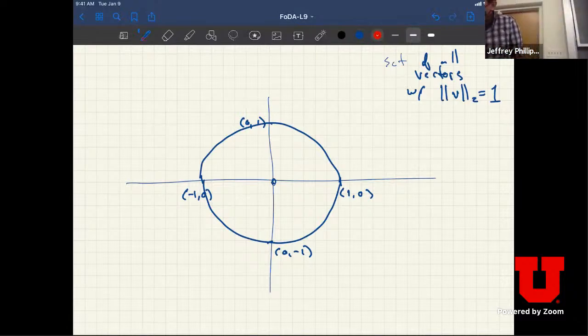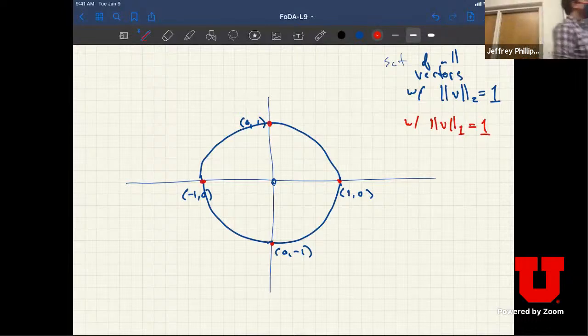Okay, now we'll say in red, let's do the 1 norm. Instead of the 2 norm equal to 1, let's do the 1 norm equal to 1. Well, I'm going to tell you that these 4 points still have a 1 norm equal to 1. Remember, I added up the absolute value of the coordinates. So even though it's -1, this is a length of 1 still.